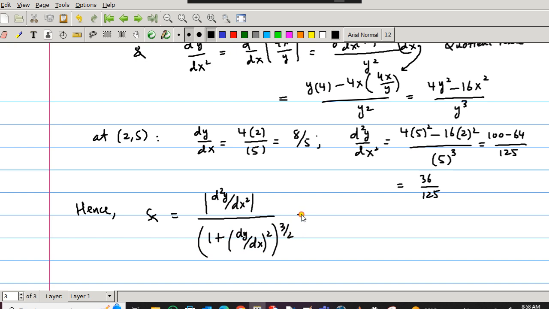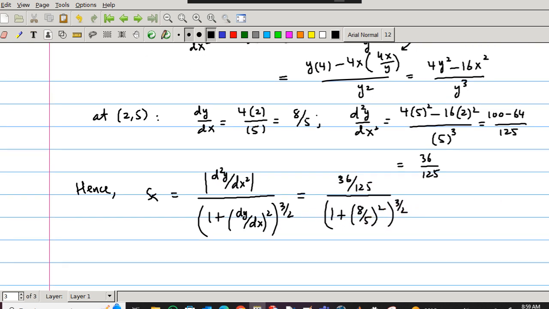This is the formula, so I can put everything here. 8 by 5 is dy by dx, and 36 by 125 is your second derivative. No need for absolute value because it is positive. So 1 plus (8 by 5) square, to the power 3 by 2. If you simplify this, you will get the answer.